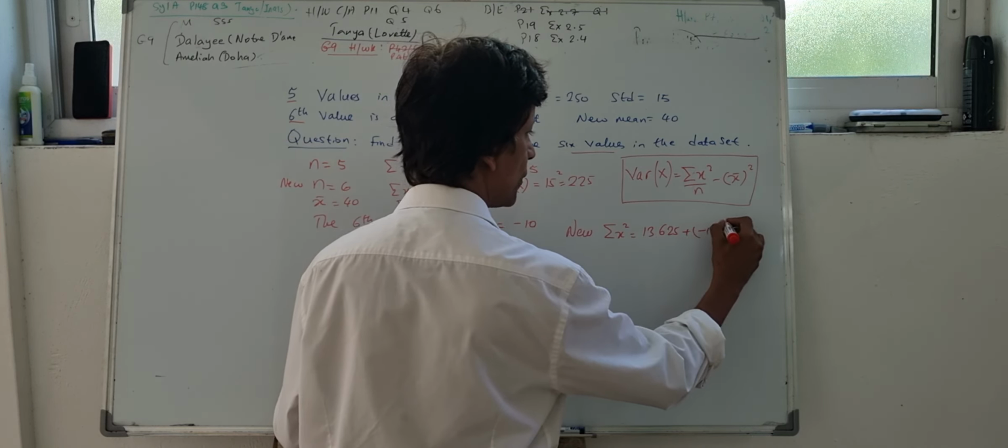We take 13,725 divided by 6, and then take away 40 squared. It turns out to be 687.5. And of course, if you were to find the new standard deviation, you take the square root of that, which is 26.2201 and so on, so let me say 26.2. So that's the answer to this question.